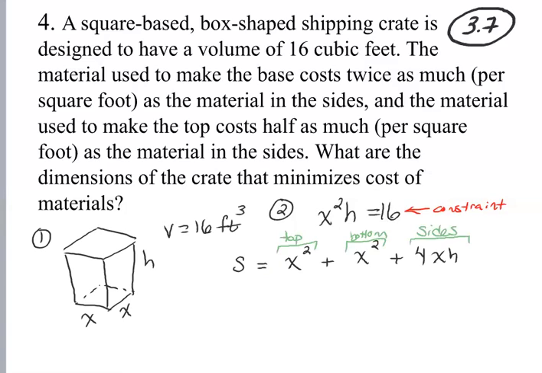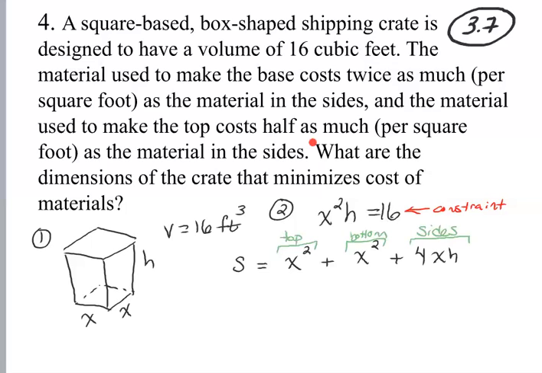What else am I told? I'm told how the cost for the materials on the top and the bottom relate to the cost of the sides. The material used to make the base costs twice as much as the material on the sides, and the material used to make the top costs half as much as the material on the sides. I'm not wanting to find what the minimum cost is.